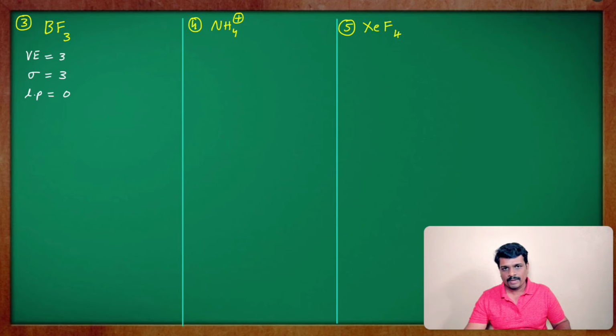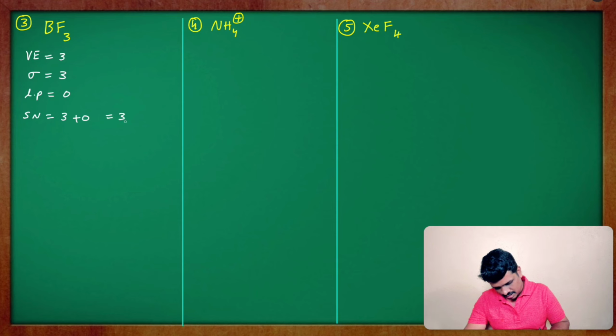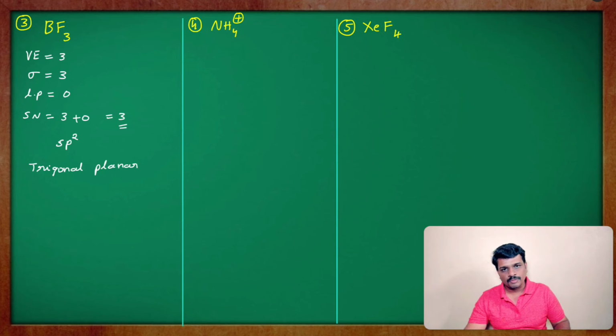So steric number will be equal to 3 plus 0, which is nothing but 3. So the hybridization is sp2 and the geometry will be trigonal planar.